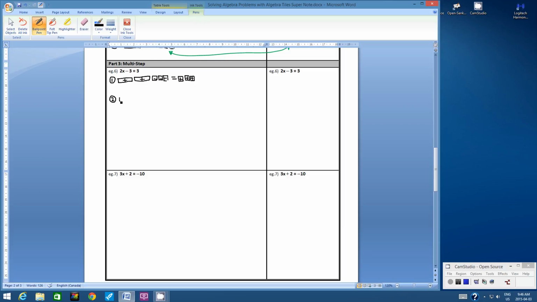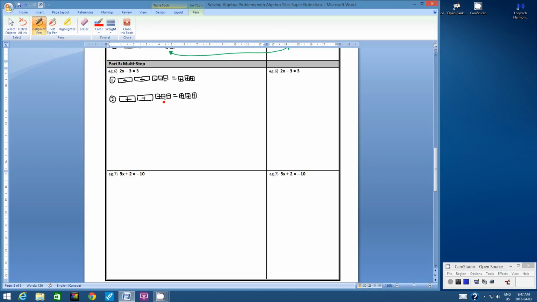Okay, so let's recopy what we've drawn. Since the x's are on the left-hand side, I'm only going to focus on the left-hand side.